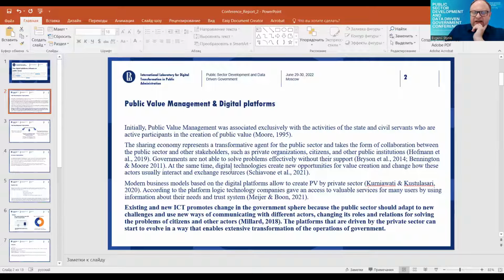And we see that at first it was a very government-like thing, public value and public value management, but now, due to the fact that a lot of technologies become private and very powerful, government also has to pay attention to how to manage public value.